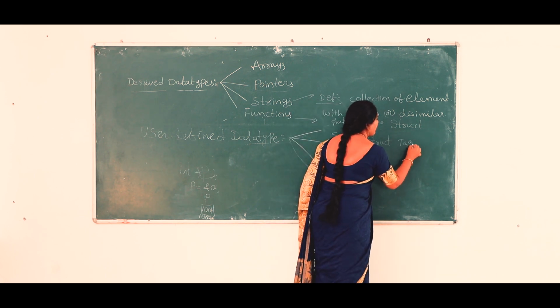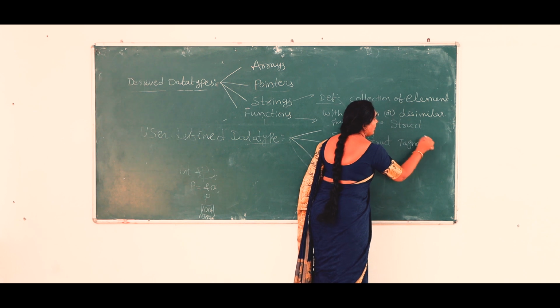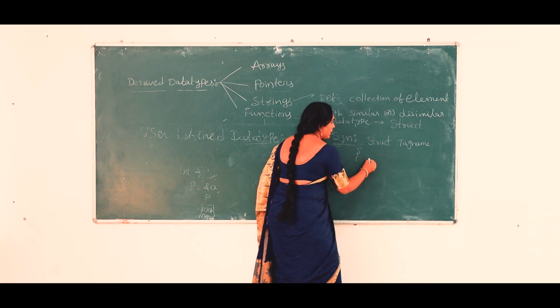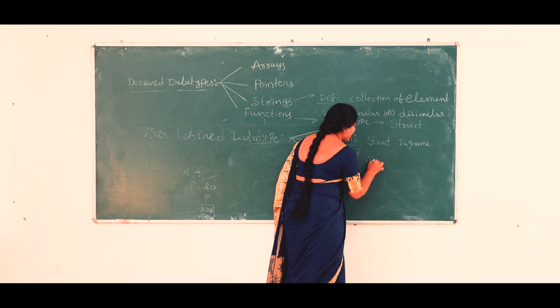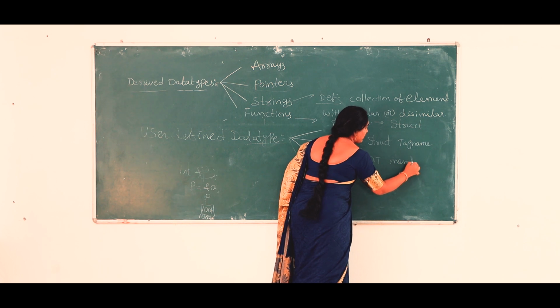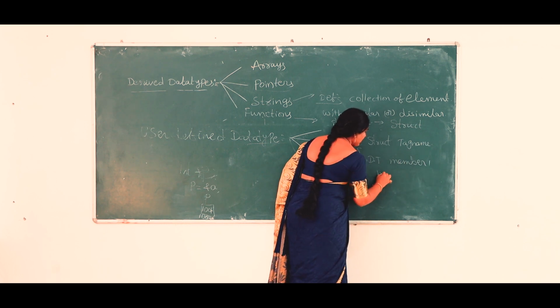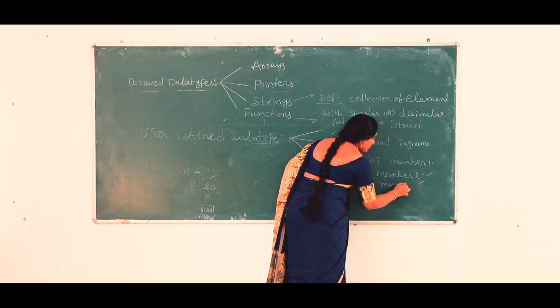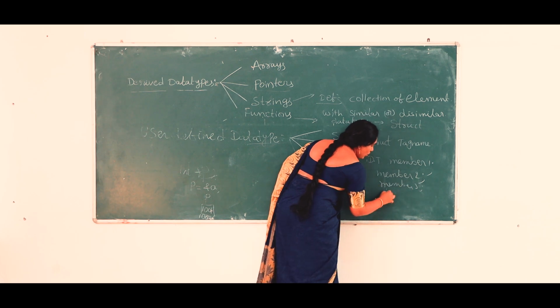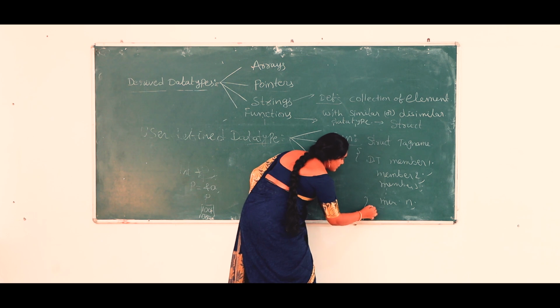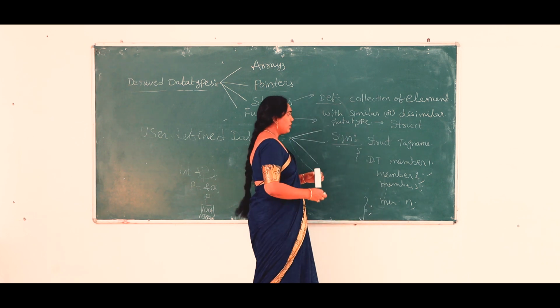name or structure name, and open the braces, and here you can write any data type and then structure member 1, structure member 2, structure member 3, and so on, structure member n, and close the braces, and put the semicolon.